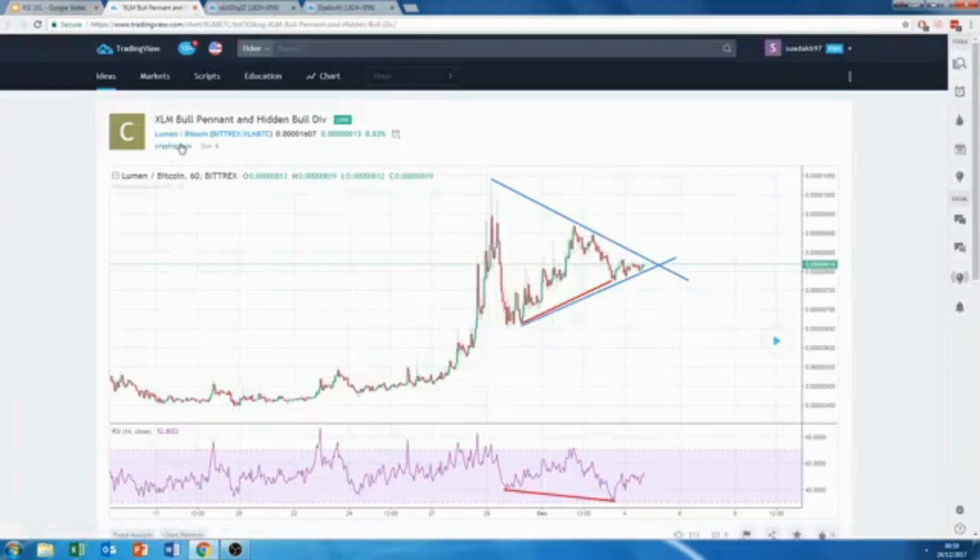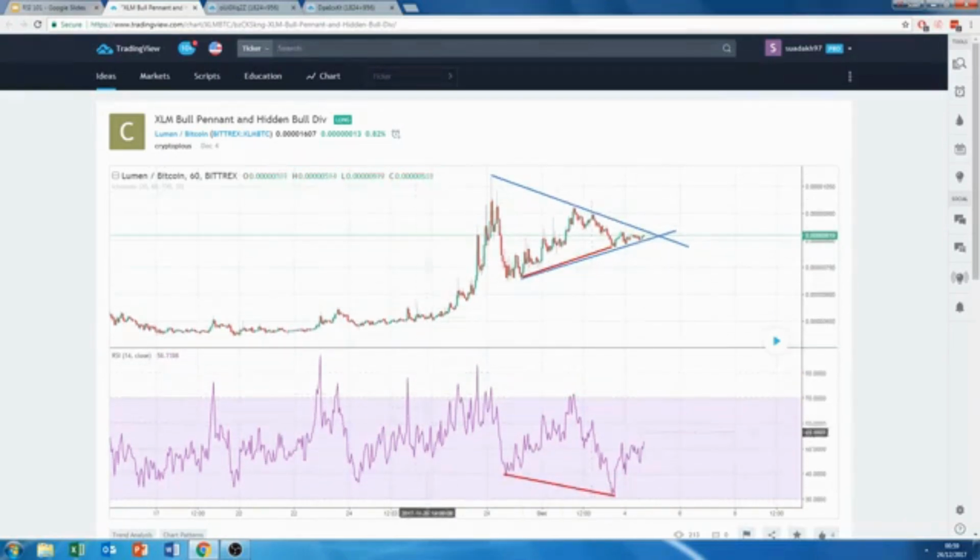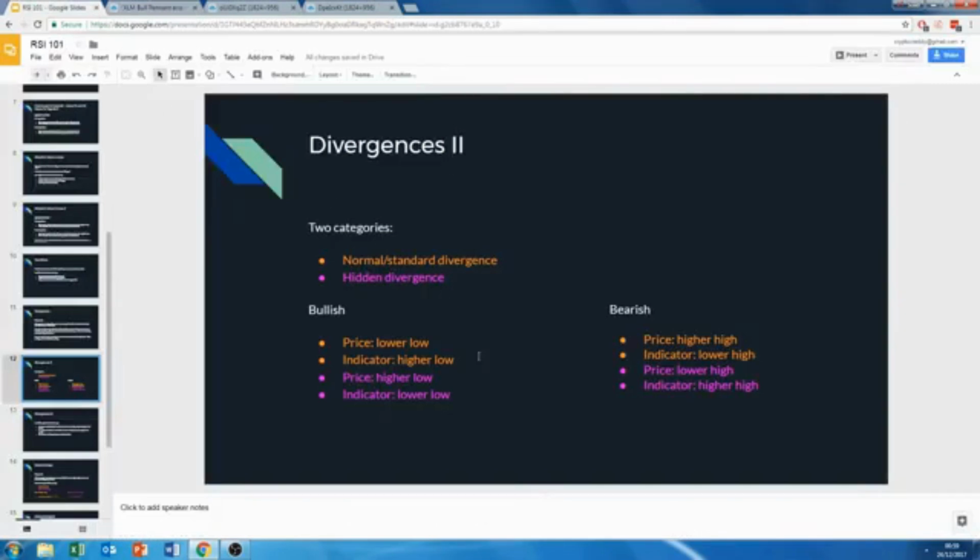Now, shout out to Cryptopius. He's in my Telegram group, which is free but closed at the moment. And he posted, after I messaged the group about sort of the importance of divergences, he posted this saying, "Is this a bullish divergence? A hidden bullish divergence?" Well, let's check. Price has to make a higher low.